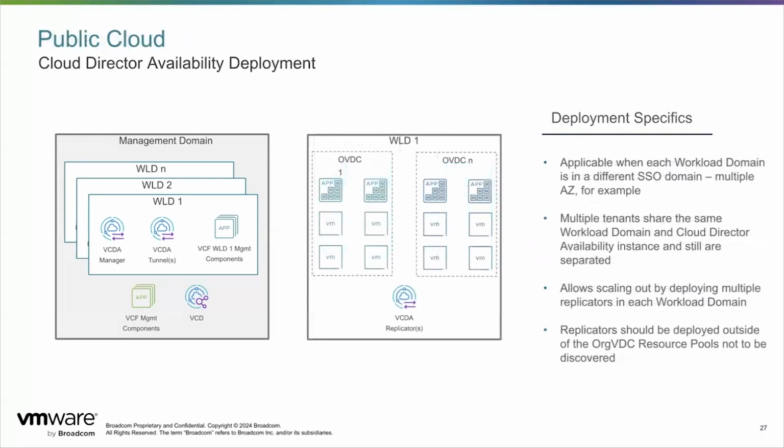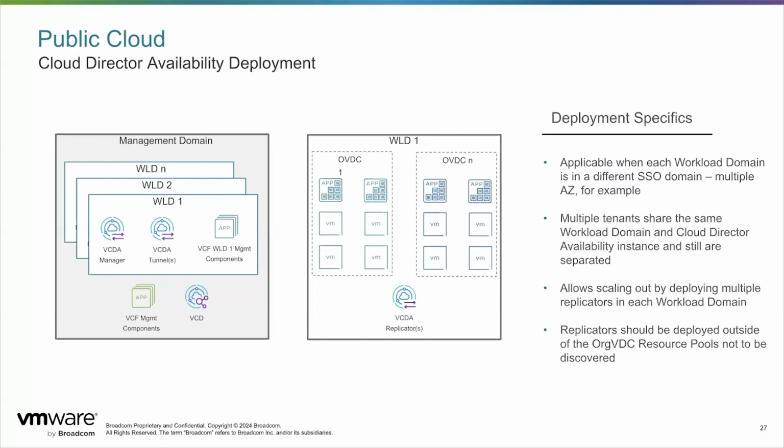And same for public cloud. Again, replicators should be within the workload domain, even if they are shared between multiple customers, they won't be able to access each other's resources because of the Cloud Director availability utilization of the Cloud Director tenancy system. So all this is covered, and there shouldn't be any worries about security and the issues between the different tenants.